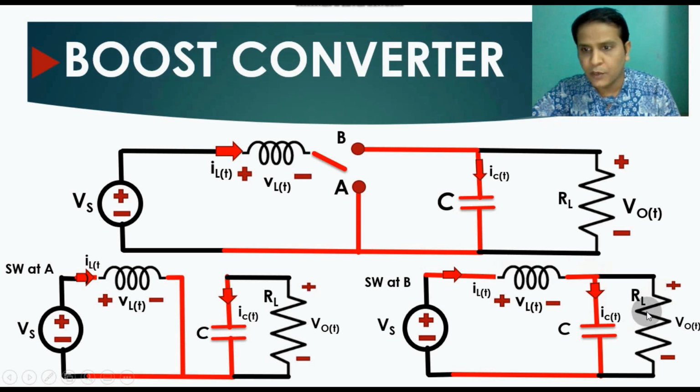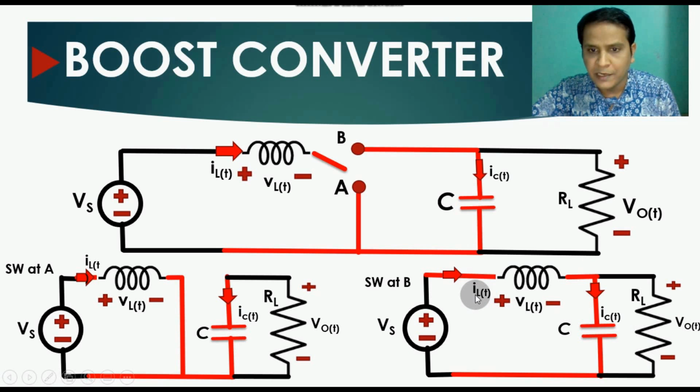You can see this is the load resistance. The polarity for the output voltage VO over time period T is plus here and minus here. The polarity for the voltage across the inductor is plus here and minus here. The current flowing through the inductor is IL over time period T, and the voltage across the inductor is VL over time period T.